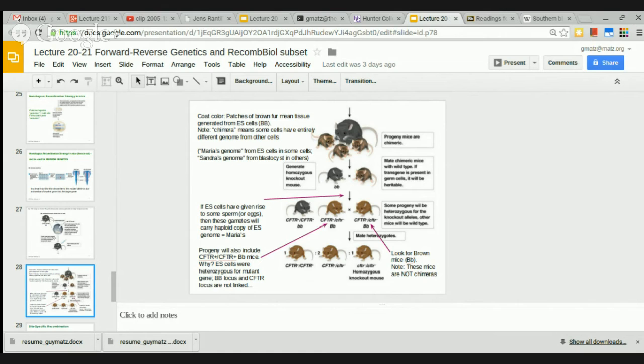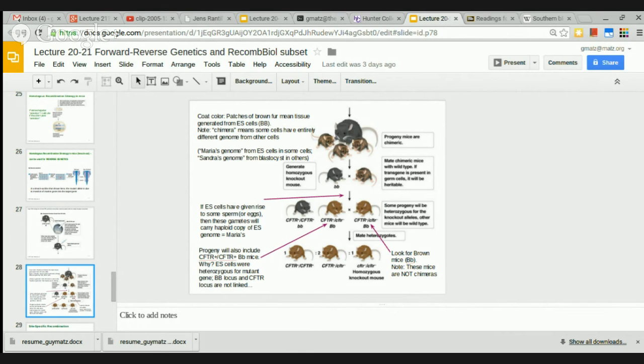Is that always going to be the case for every brown mouse you see? No. You're going to get the little b and the big CFTR always from this parent, right? But what you get from this parent could be the big B and the mutant, or the big B and the wild type. So you can have brown mice that don't have your mutation.